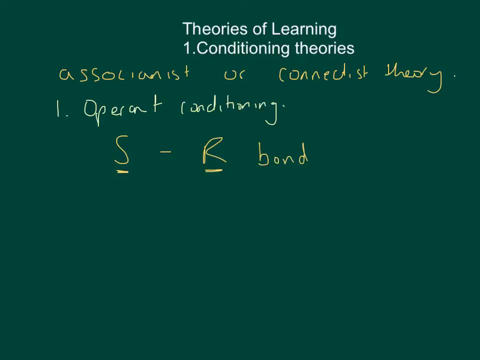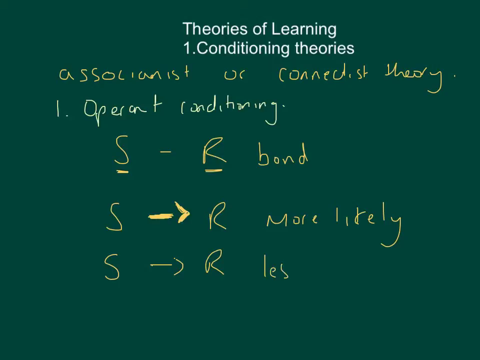If we've learnt a particular response well, then we would say that this bond between the stimulus and response is strong, and that means that it's more likely to be given to that stimulus. If we've got a weak stimulus response bond, then that would be the less likely response that we would give.